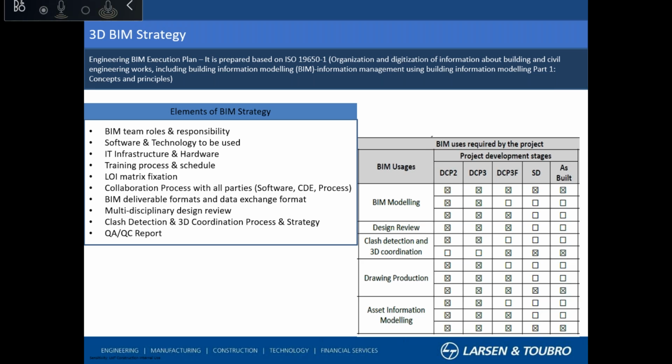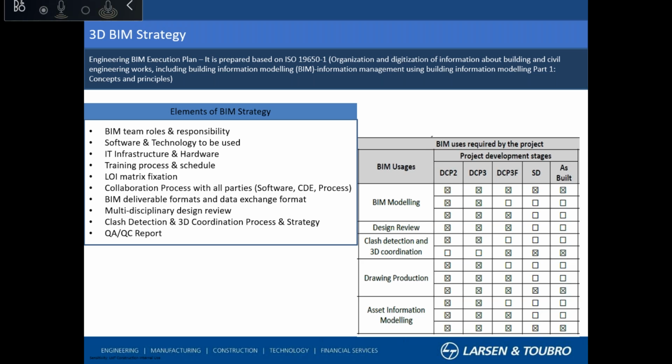Collaboration work of all parties in a single platform, and how all parties will work on the same platform, that is also defined here. Then multidisciplinary design review. All stakeholders' models are collaborated, and that design review process will also be defined in this document. Then the clash detection report and the 3D coordination process are also defined here.